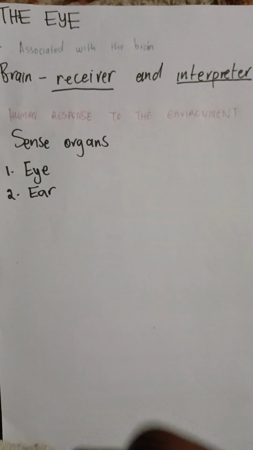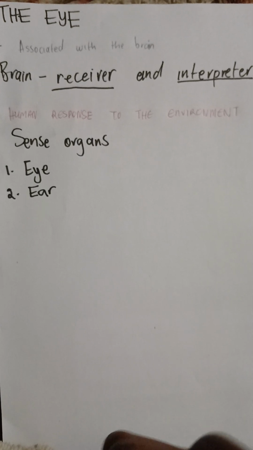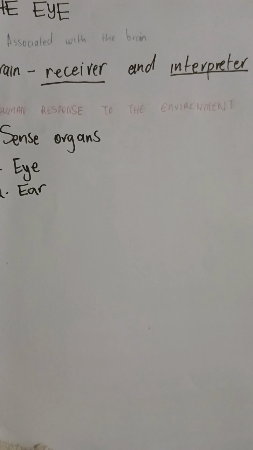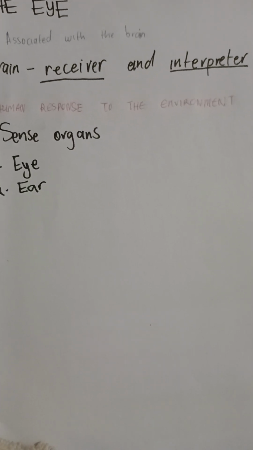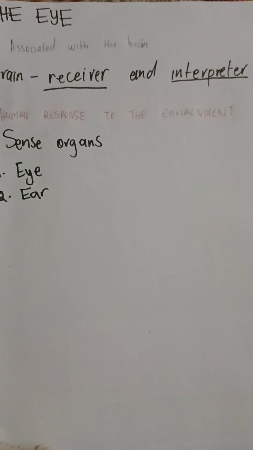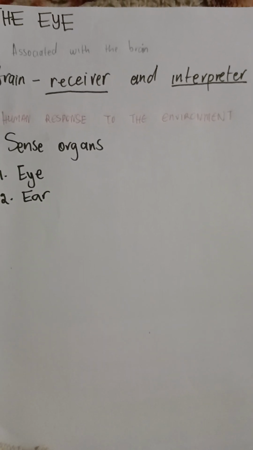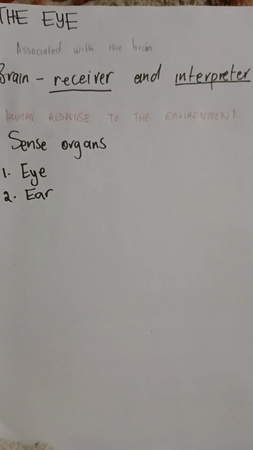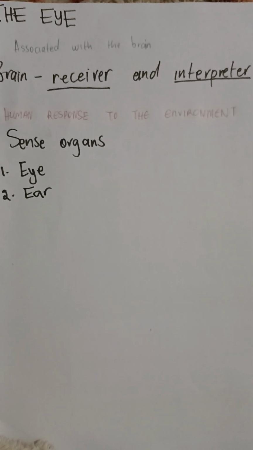If we never had sense organs, we wouldn't be able to sense. We wouldn't be able to understand what is happening in the external world or the internal world, because we don't have anything that tells us. So the sense organs are able to tell us what is happening to us, right?